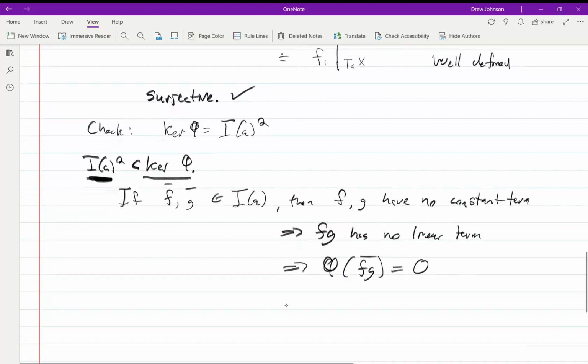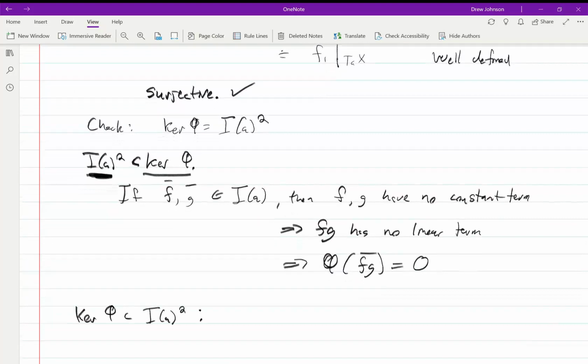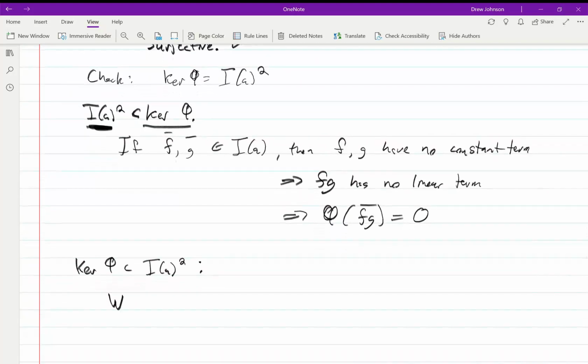All right, let's do the other direction. Let's show that the kernel of phi is contained in the ideal of A squared. So first you have to make an observation. Let's define W to be the vector space consisting of all the linear terms of elements in the ideal of X. This will be a vector space, and it will be of some dimension, let's call the dimension k.